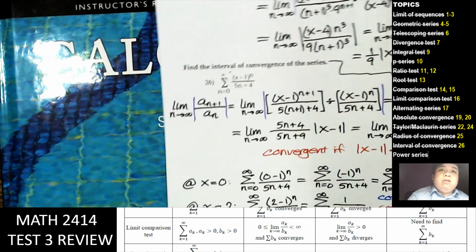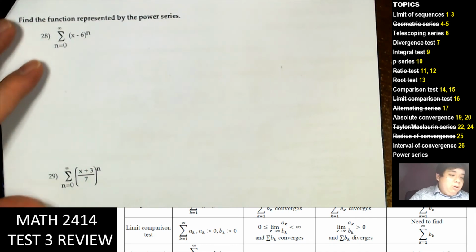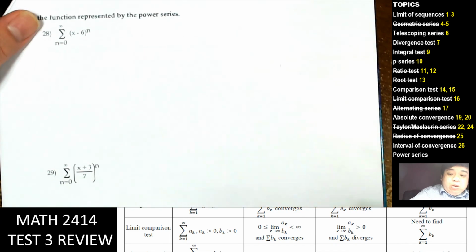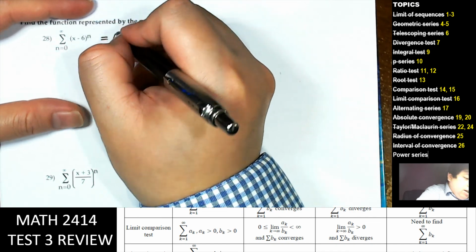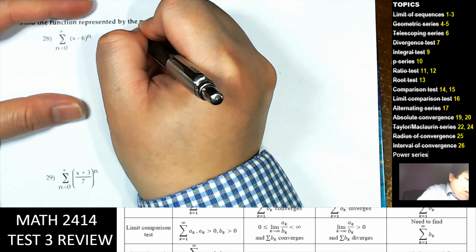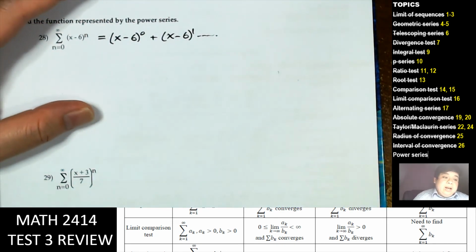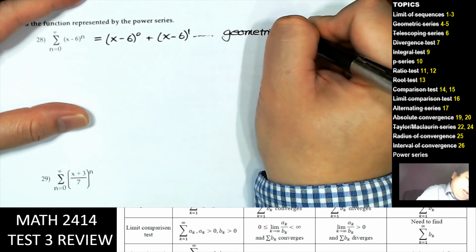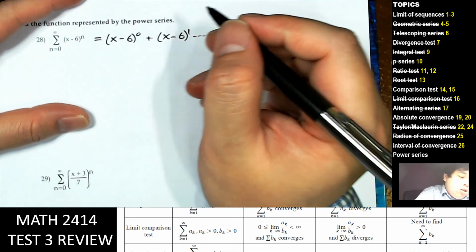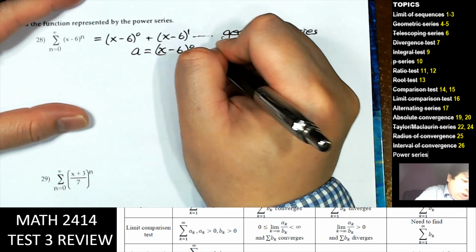Right, the last part we have the power series. In general, I'll find a function that represents the power series. Actually, this is rather simple because what we have here is just a geometric series, with x minus 6 to the n. The first term is x minus 6 to the 0 power, which is 1.